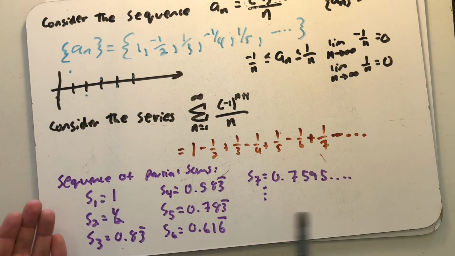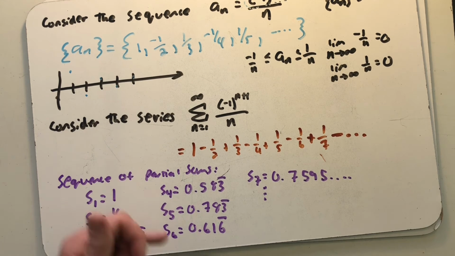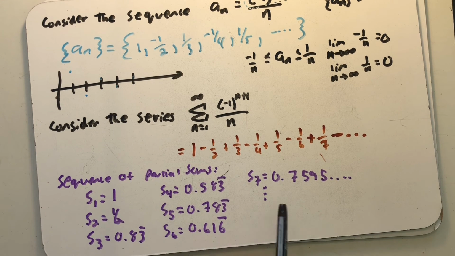And in writing out the sequence of partial sums, what we're trying to figure out is is this series converging? As I continue to add the next term, are we getting closer to a single value? Because we're adding and subtracting here, I get numbers that are oscillating from being above and below a value. This sequence of partial sums actually does converge.